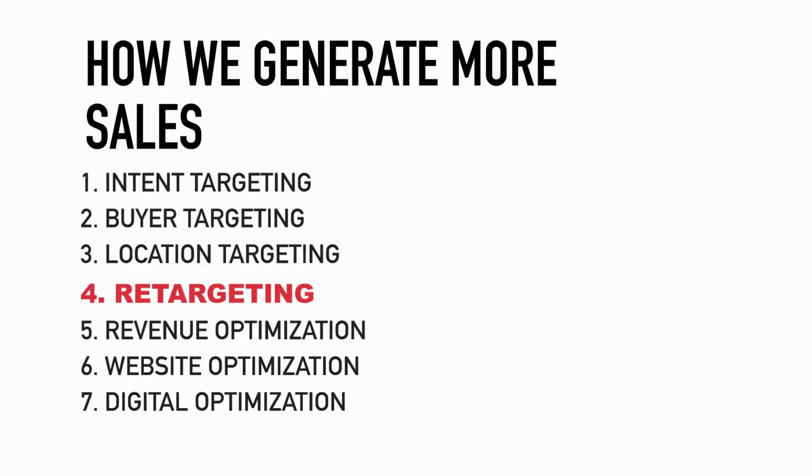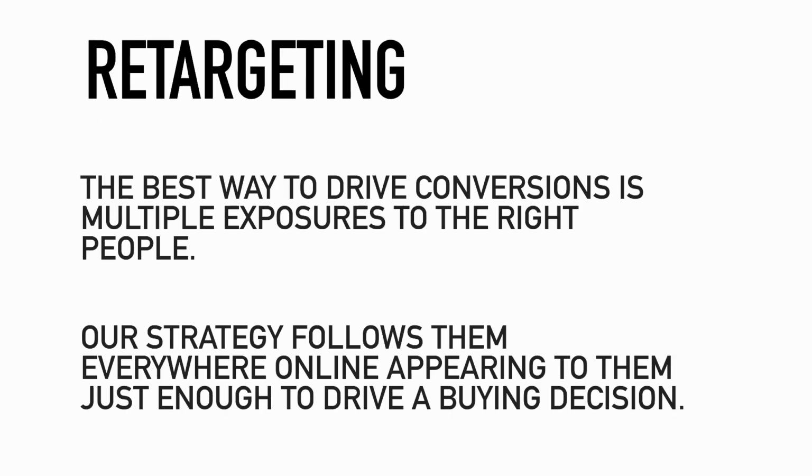So how do we generate more sales with retargeting? Well, this is one of the best ways to drive conversions, and it's through multiple exposures to the right people. You know, it's been said before the internet ever came along that 7 to 12 exposures is what it took to get a buying decision.